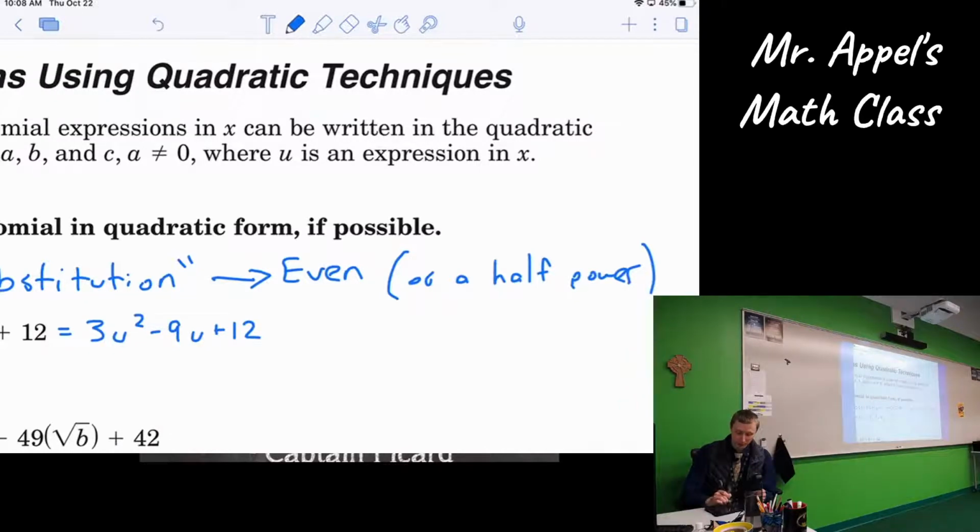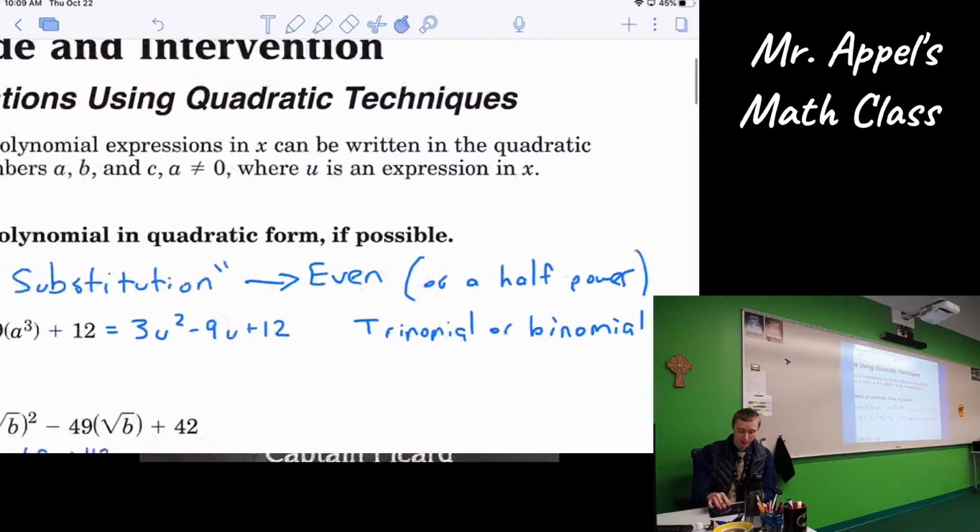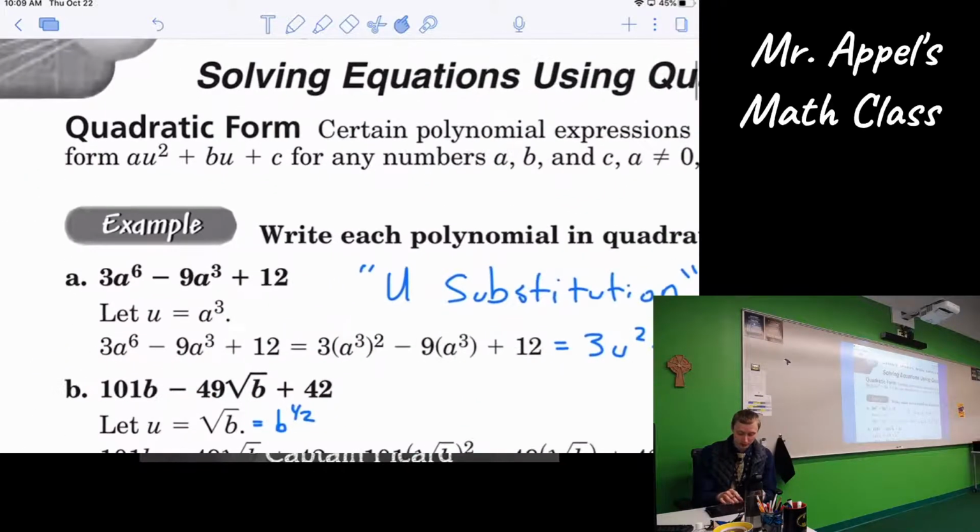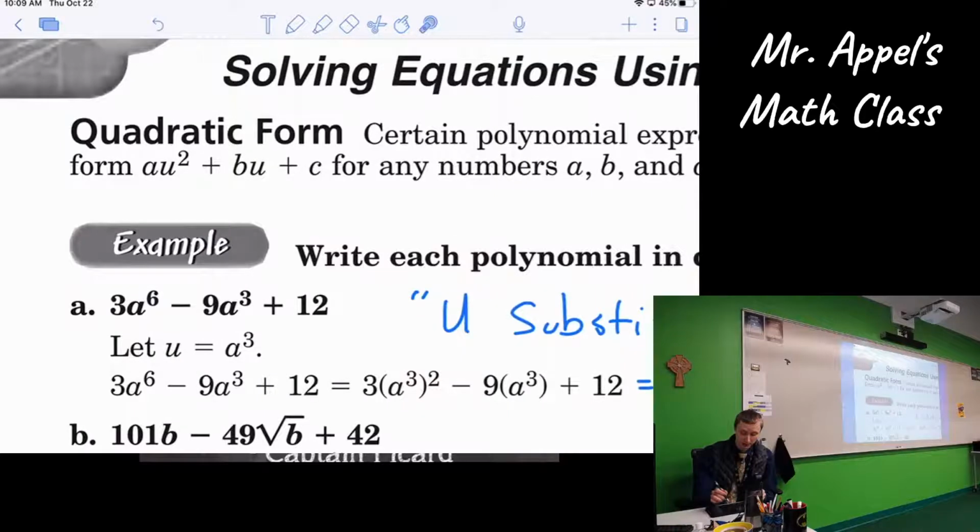and you're also looking for a trinomial or binomial, right? Because obviously, even if this was a to the 6th, if I also had an a to the 4th and an a to the 5th term there, I couldn't swap all of those out.